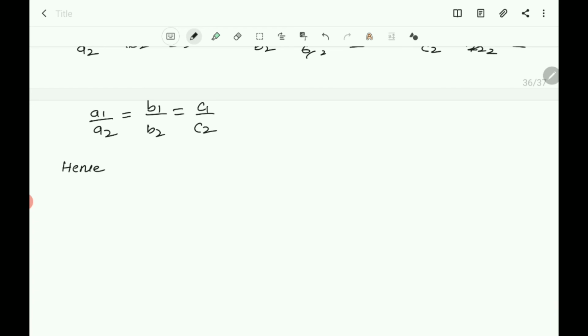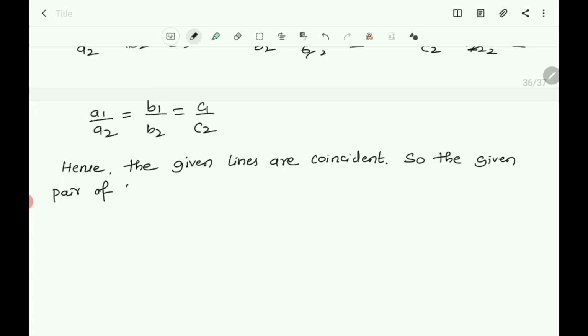Hence, the given lines are coincident. So the given pair of linear equations has infinitely many solutions.